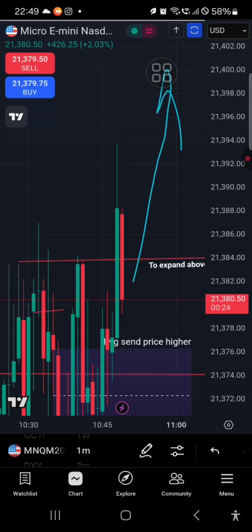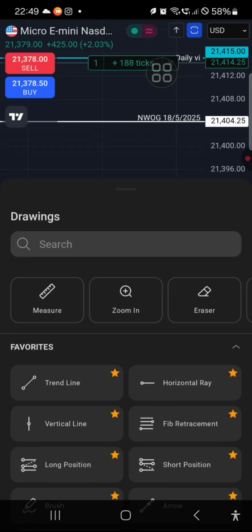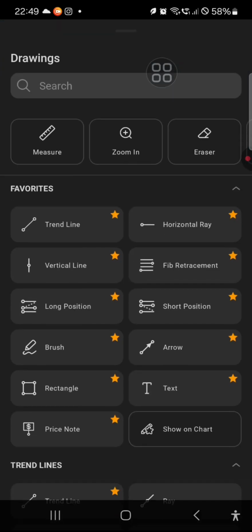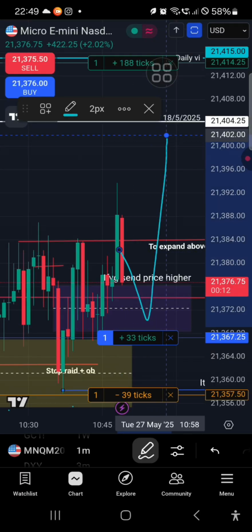That's what I'm expecting during the macro time. Expecting price to shoot down, then only start moving higher. Very important. At the 10:50 AM macro, I'm thinking price has done enough moving lower. We might start expanding higher now.